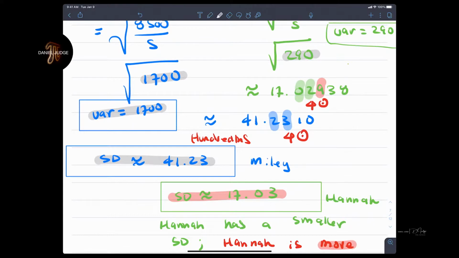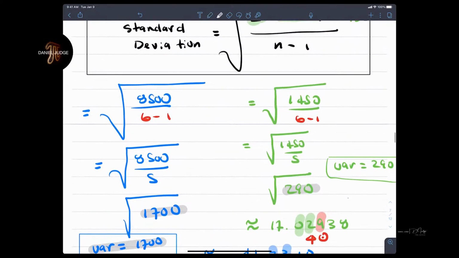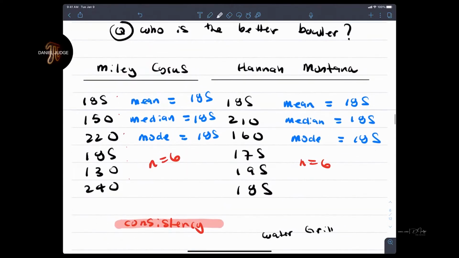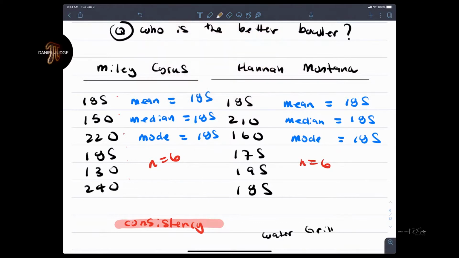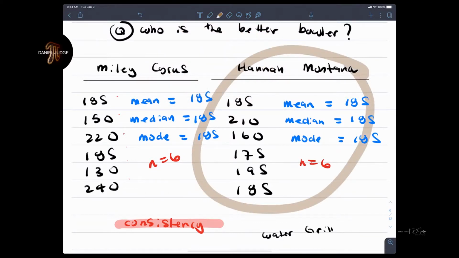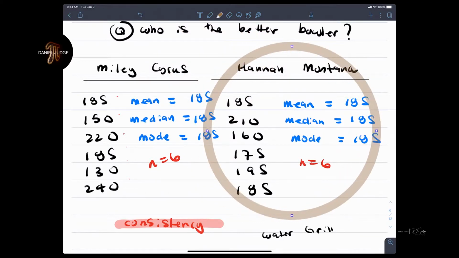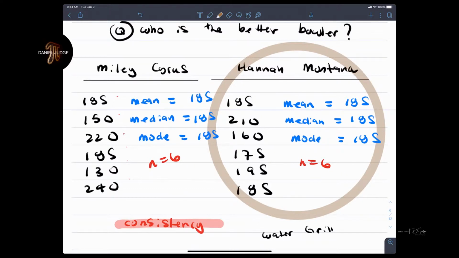And then, ladies and gentlemen, here's what I'm going to do. I'm going to ask you guys to do the following on your own. This is Hannah's bowling scores. Those are the X values.